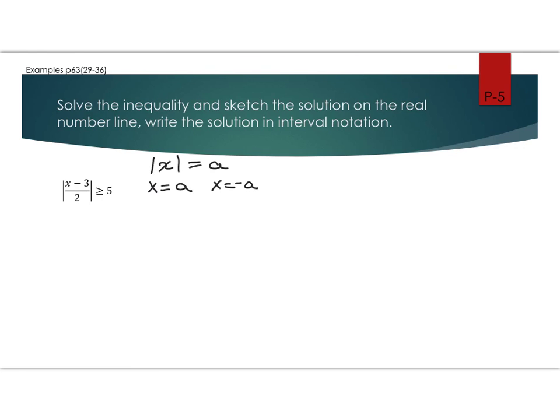Okay, so in an absolute value, when you have x less than or equal to any number, when your inequality is pointing at your absolute value, then that is a conjunction. And the word to remember is the word and, because you're going to take only what is a solution of both.